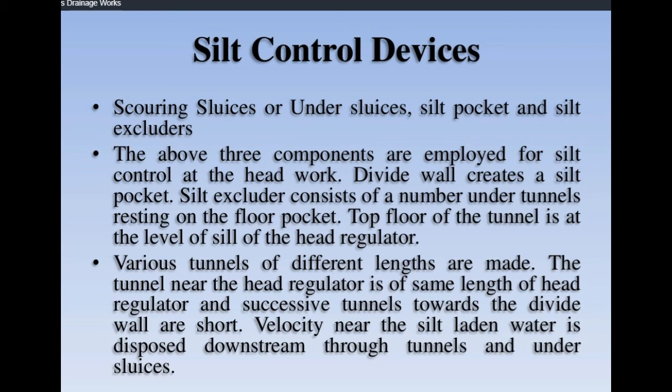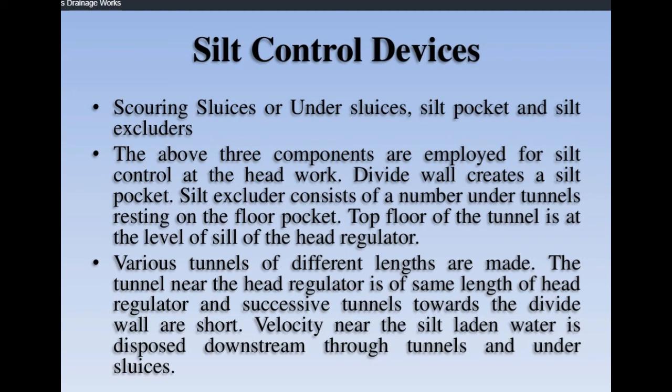Next is the silt control device: scouring sluices or undersluices, silt pocket and silt excluder. These are the silt control devices. The above three components are employed for silt control at the headwork. Divide wall, crest, silt pocket.